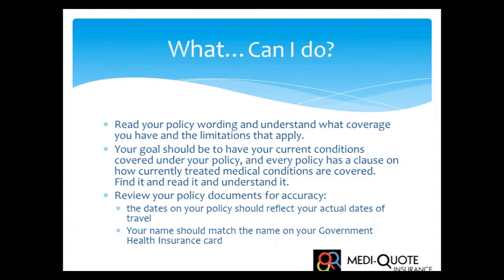Sometimes that is easier said than done, and if any of you have ever tried to read a travel insurance policy, it's not easy because, first of all, it's not very exciting material, and second of all, it's very difficult to understand. If you are reading some of the items in the policy, you can read it 3 or 4 times and still not really be sure what it means. So you sometimes feel like you need a Philadelphia lawyer to interpret these things for you.